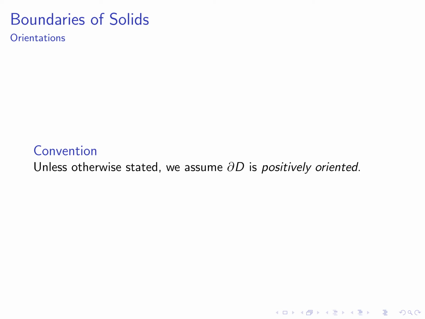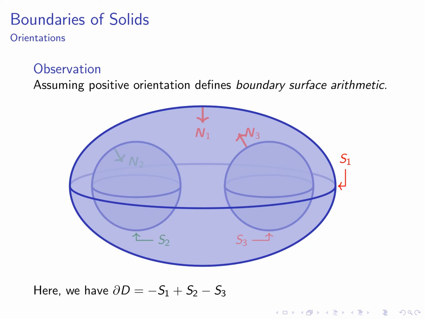So the convention that we adopt in the divergence theorem is the same convention we've adopted all along. Unless we state otherwise, we always assume that the boundary of our domain is positively oriented. So here we have an example to illustrate how we can do boundary surface arithmetic when we assume the positive orientation.